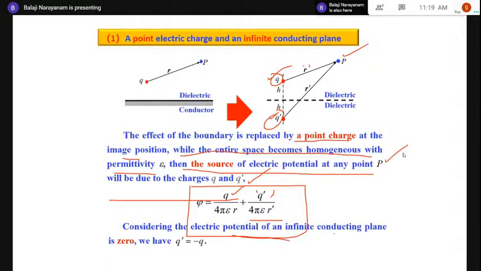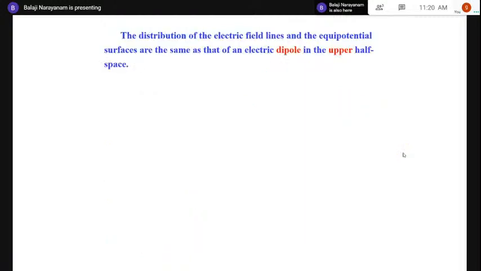Considering the electric potential of the infinite conducting plane is 0, why does the electric potential of an infinite conducting plane become 0? So this becomes 0. So equate this to 0. So what happens? Q dash is equal to minus Q, provided r is the same as r dash.